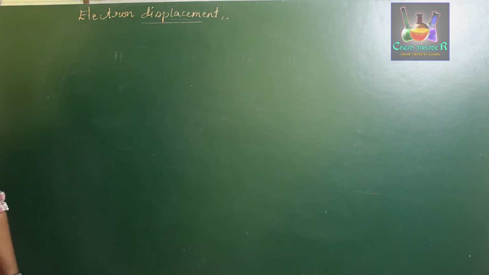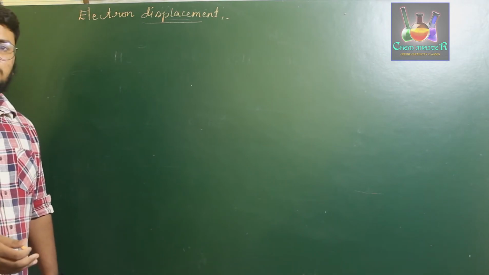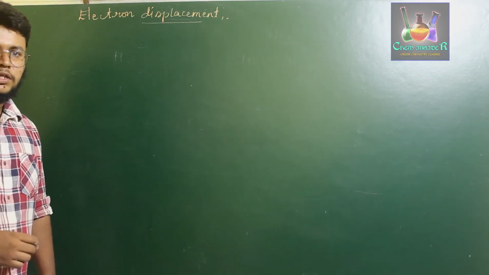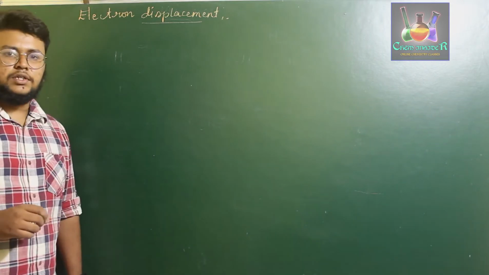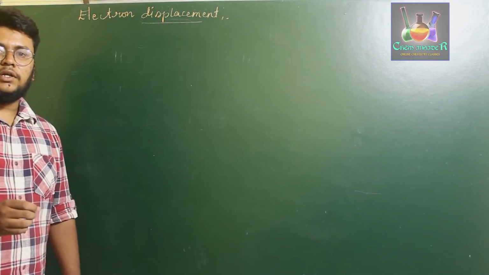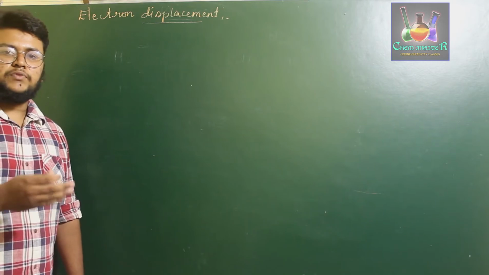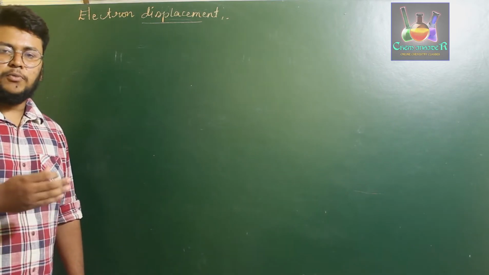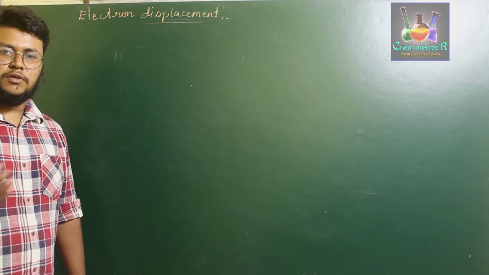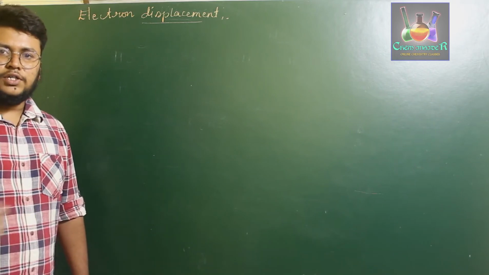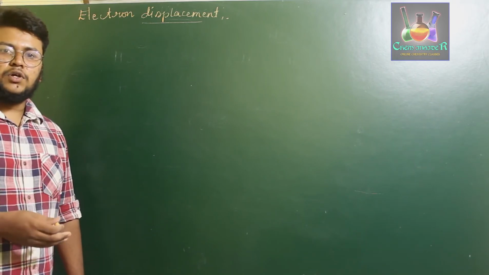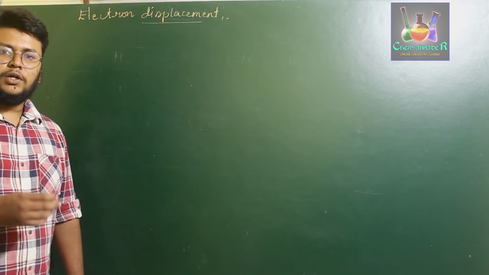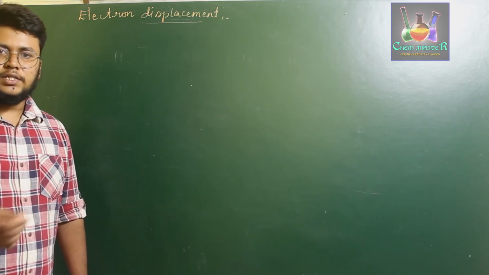We did not say what is the reason for those electrons to be moving from one position to the other position. So in this video, we discuss the reasons for the movement of electrons, which we have discovered in three types. That is movement of pi electrons from one bond to an adjacent bond, movement of pi electrons to the adjacent atom, and movement of lone pair of electrons to the adjacent bond.